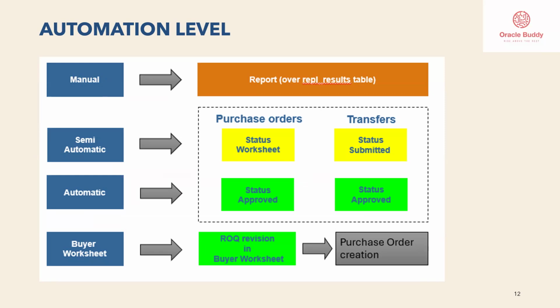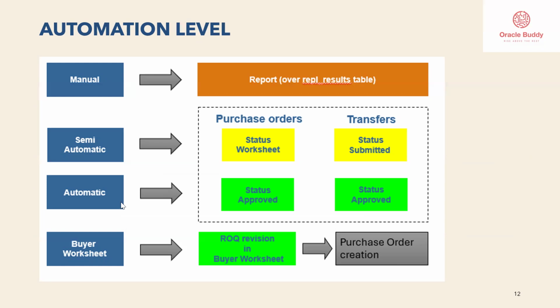Next is semi-automatic. In semi-automatic, the replenishment batches will create the orders, but they will be in worksheet status, and the transfers will be in submitted status, and the user will check the worksheet status purchase orders and submitted transfers, and then manually approve them.